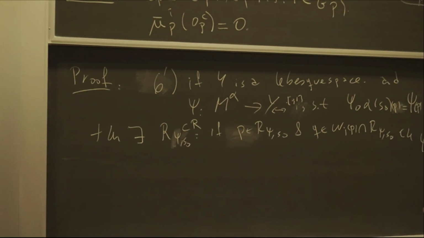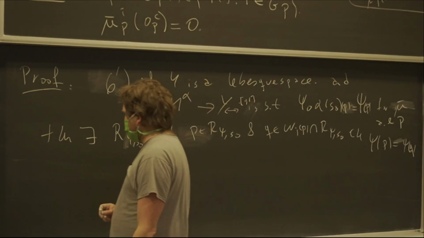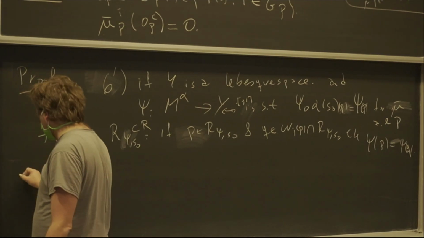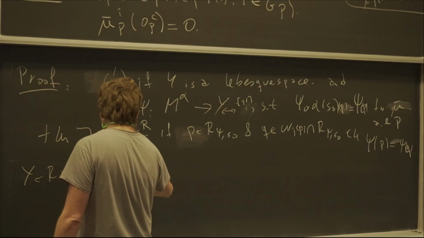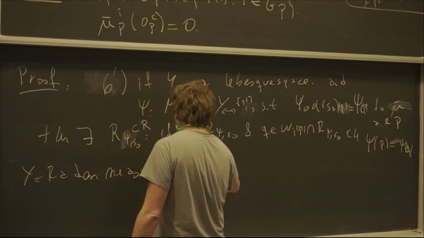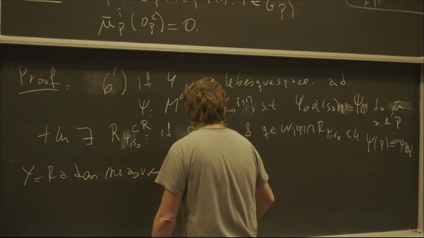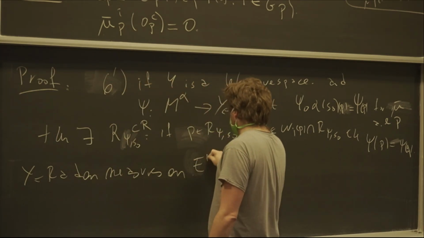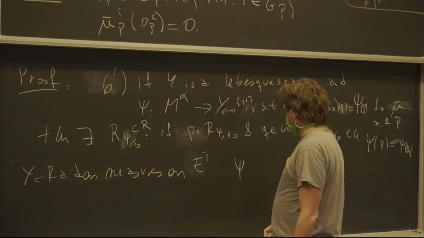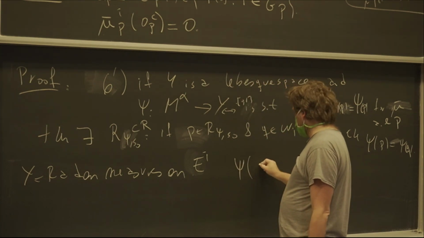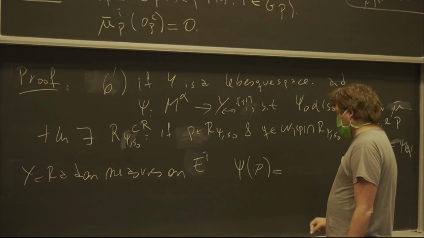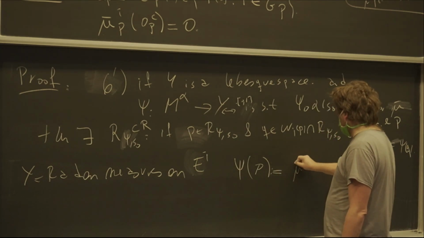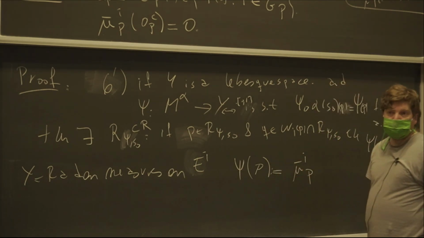So once I have this 6 prime, then I will pick my function. So Y is Radon measures on Ei. Psi of P is, by definition, mu bar IP.